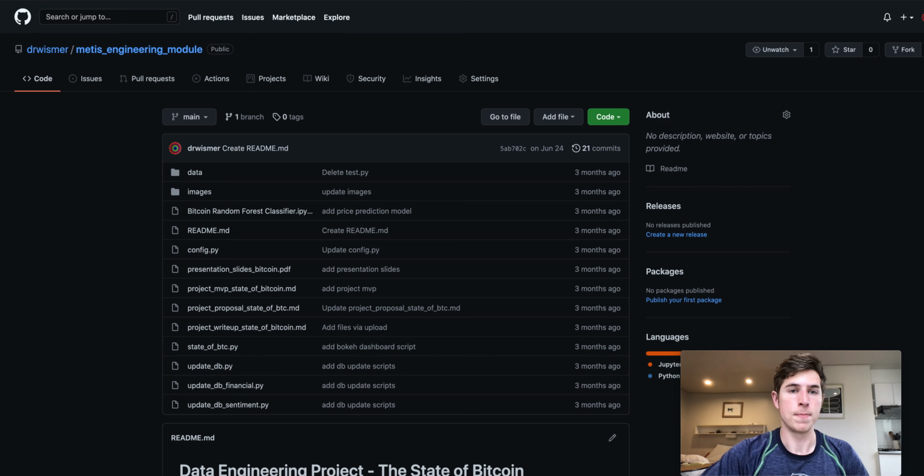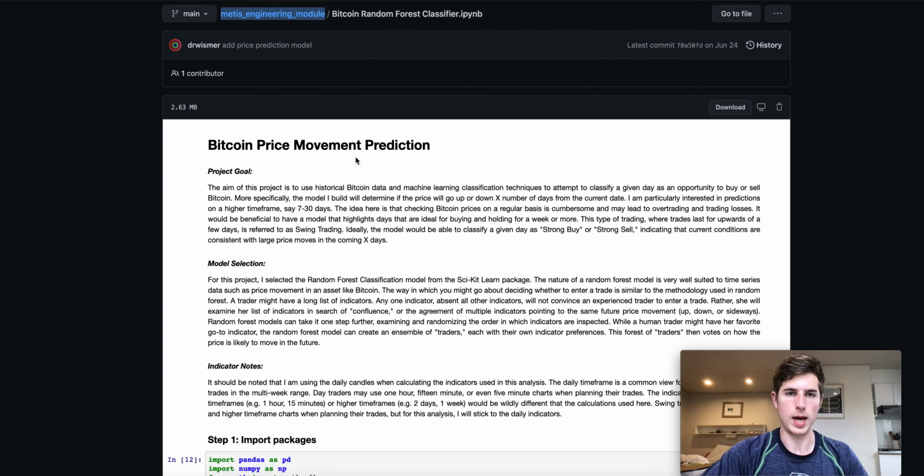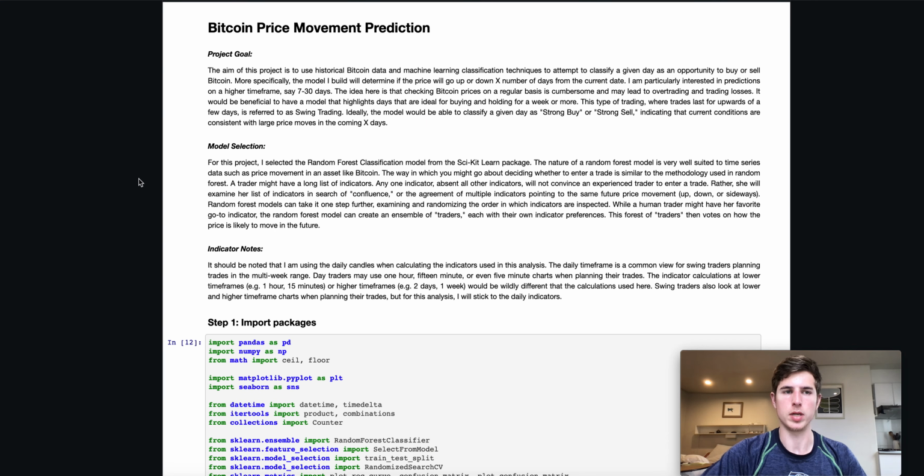So with that, I would like to go through some of the code behind this set of dashboards. And the first thing I'll do is just quickly touch on the random forest model. So as I mentioned, the random forest model kind of is what it is.